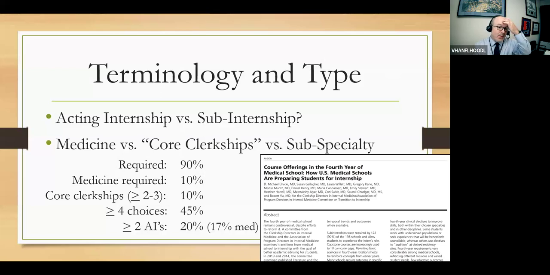And of those that did, the majority of them, 17% out of that 20%, required that one of them be in medicine and the other one be in something else. I should mention that Yale has 32 sub-internships. And that's something we're going to talk about later in terms of how that might guide curriculum choices.